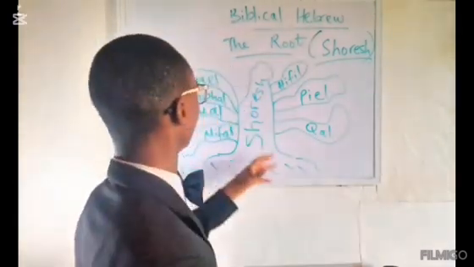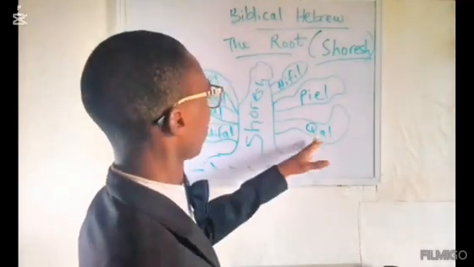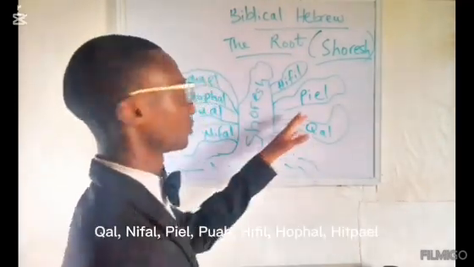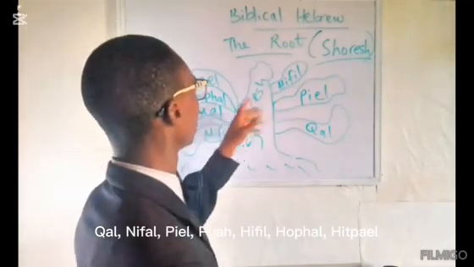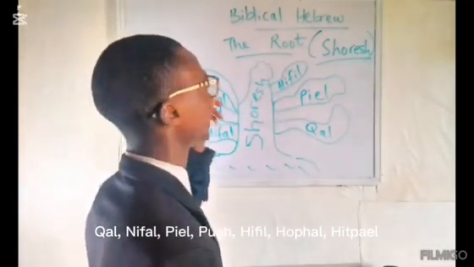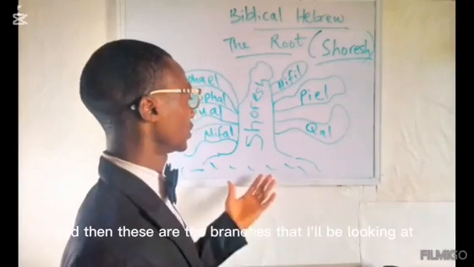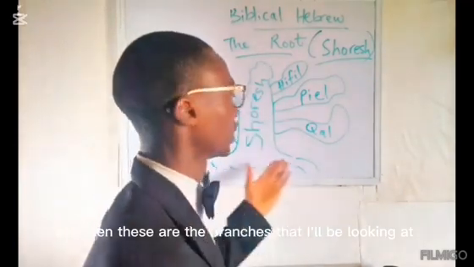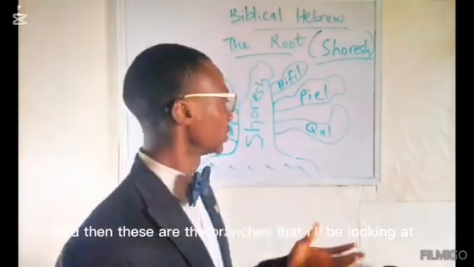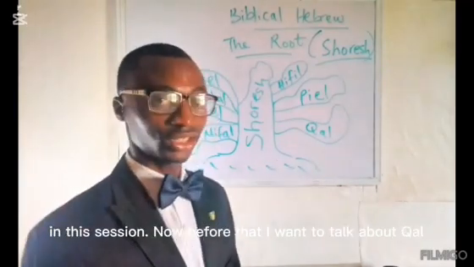So we have Ka, Nifa, Pie, Fua, Ifi, Ufa, and It, Pahe. And then these are the branches that we're looking at in this teaching.